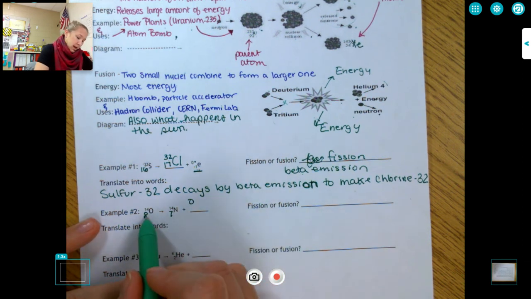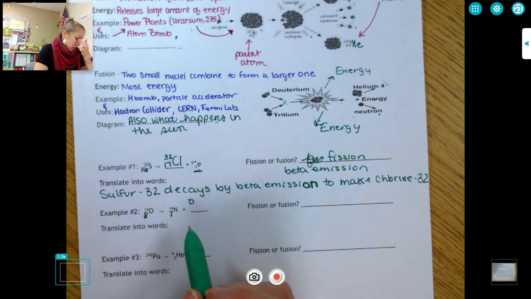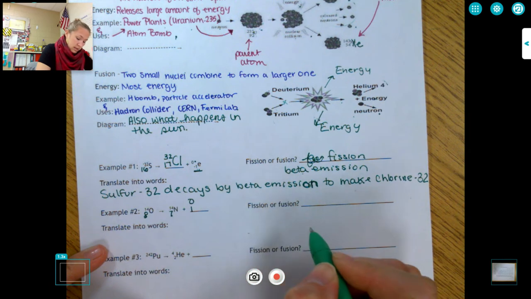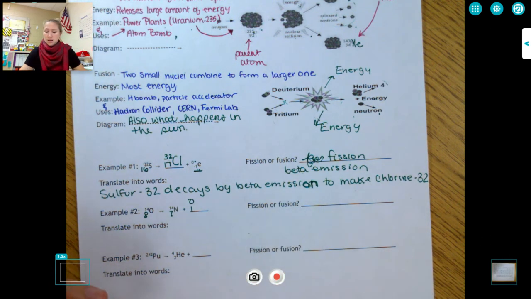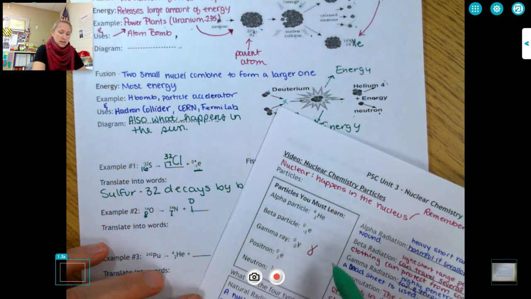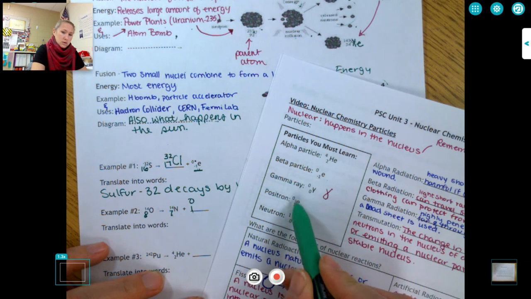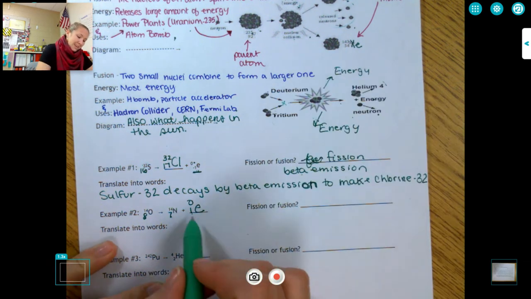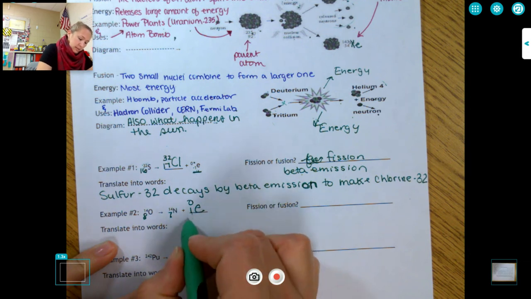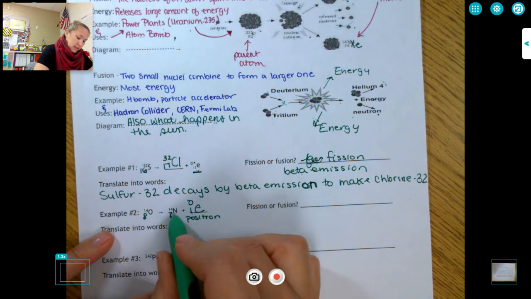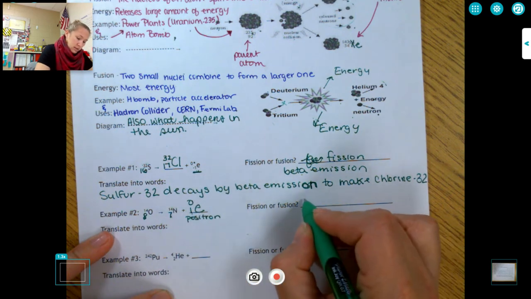On the bottom, I have an 8 here and a 7 here. Something plus 7 has to equal 8, which is 1. And I look to my particles, and I see that the one that is 0 over 1 is my positron. So 0 over 1 e. So that's what I write. We have, again, emitted a particle, and we said this was a positron. So we have split our nucleus. So it's fission.